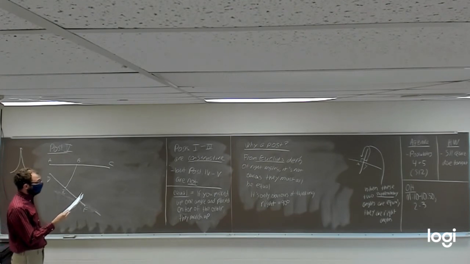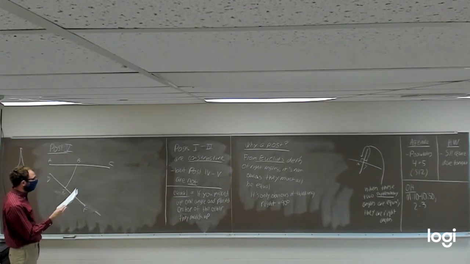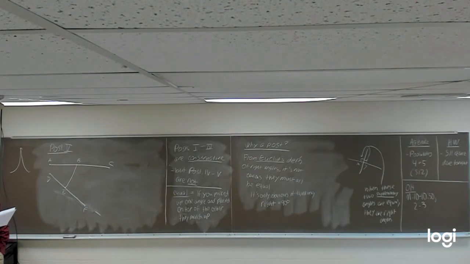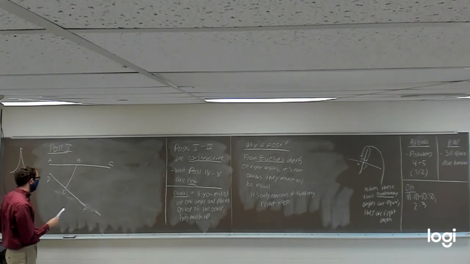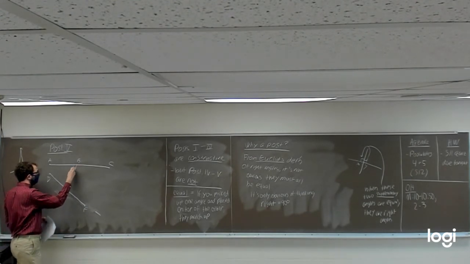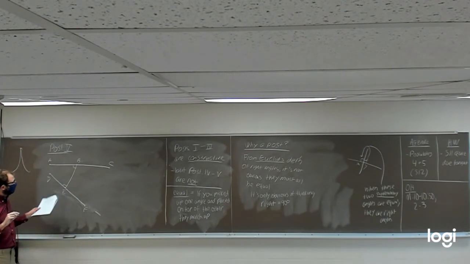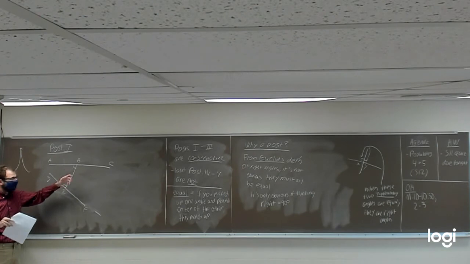If a straight line falling on 2 straight lines makes the interior angles on the same side less than 2 right angles. So here, when we talk about interior angles, we mean angles that are on the inside of this H shape.